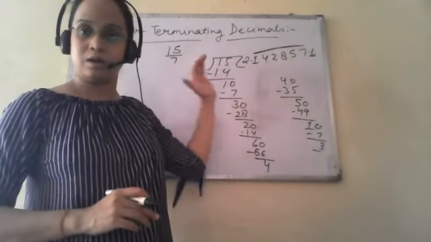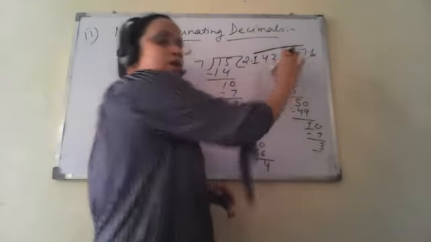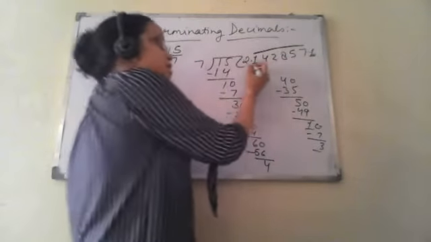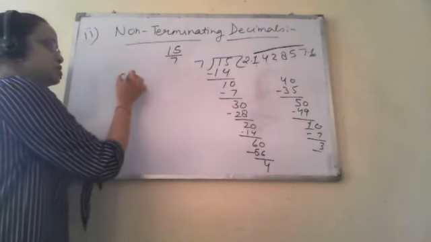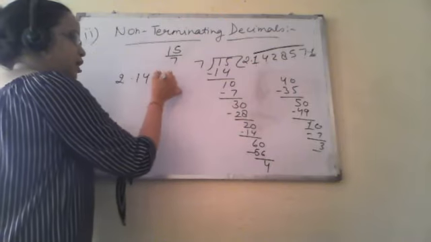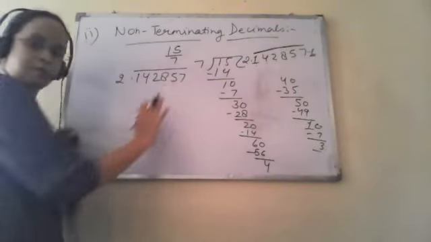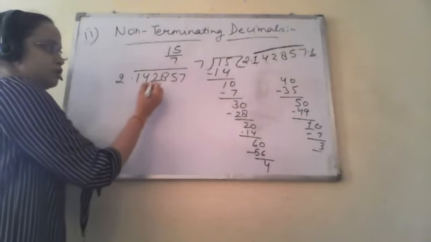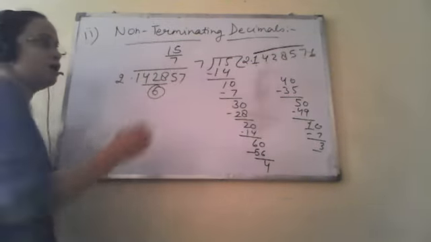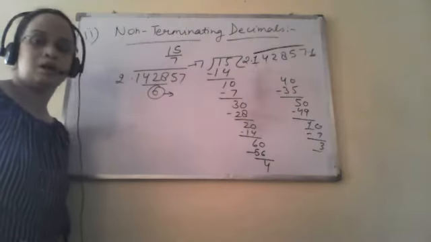Clear? In 2.142857, the repeating block has 6 digits, and that will always be less than the divisor.